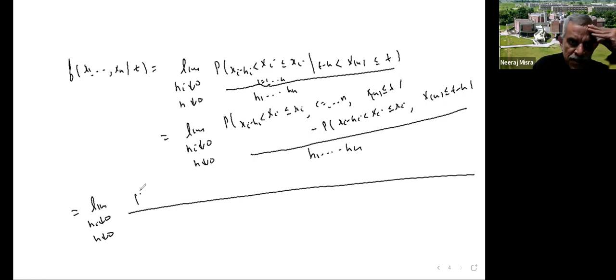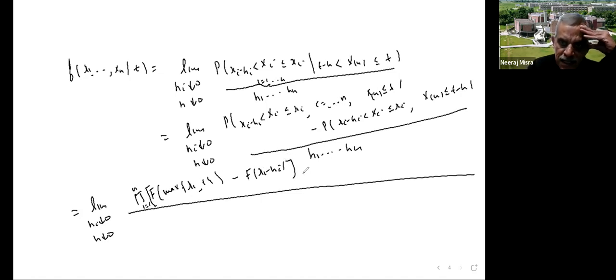So product i equal to 1 to n of f of the minimum of xi and t, minus f of xi minus hi.